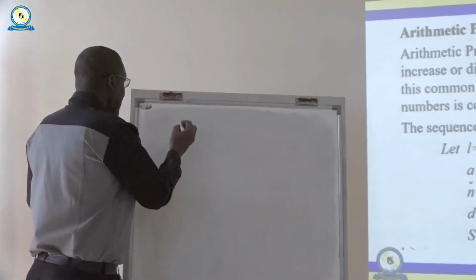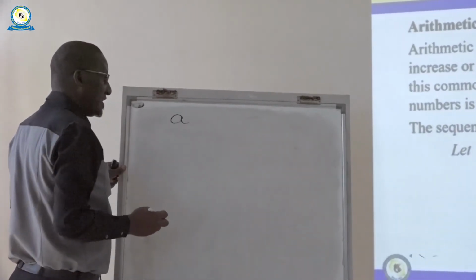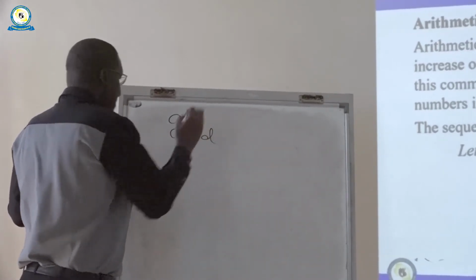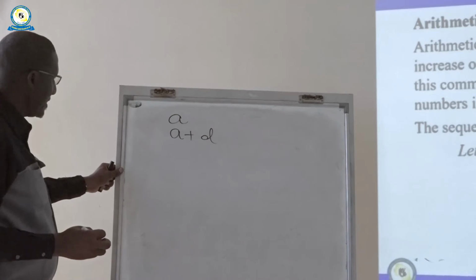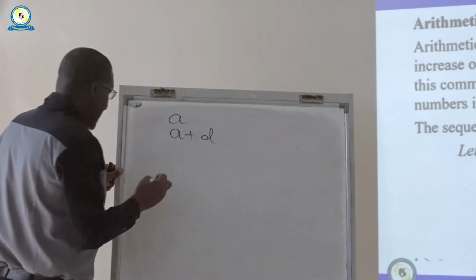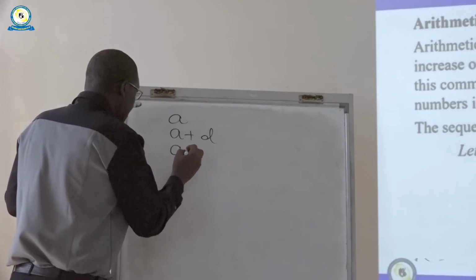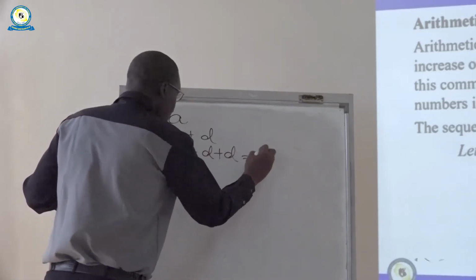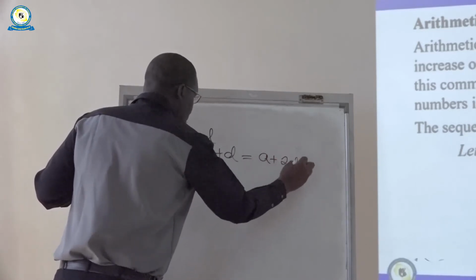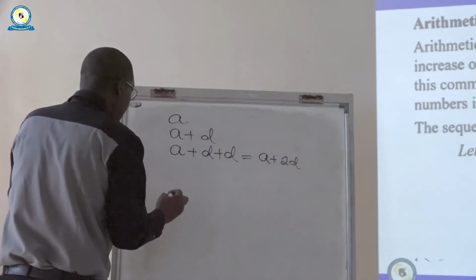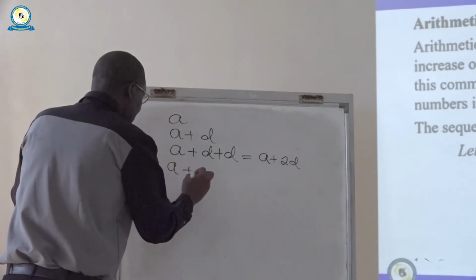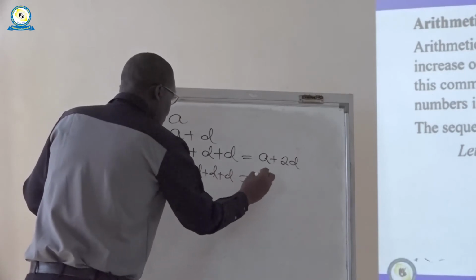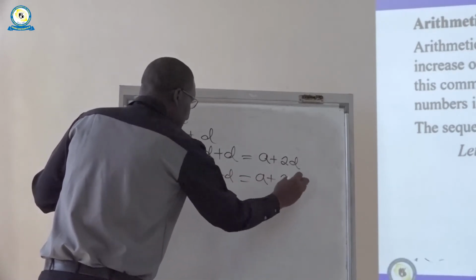Let the first number be A. The second number will be A plus D. The third number will be A plus D plus D, which equals A plus 2D. The fourth number will be A plus D plus D plus D, which equals A plus 3D.